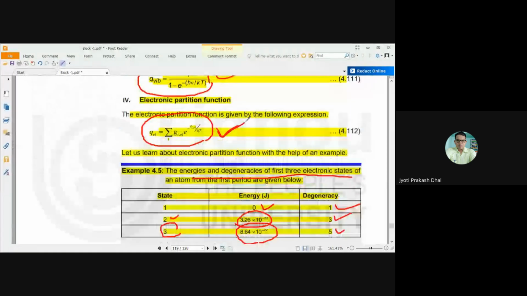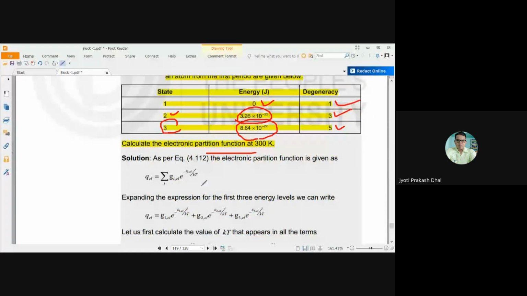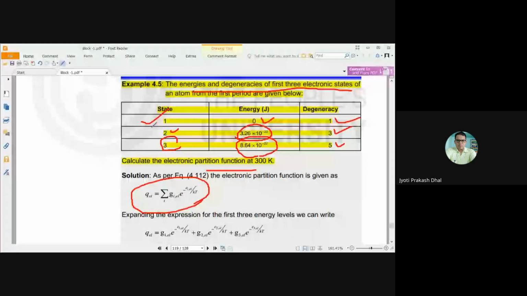So this is the direct value of the electronic partition function. No need to derive this one; we are just putting in the expression q electronics equal to summation of gi electronics into e to the power minus epsilon i electronics by kT. For the second state, the gi value is 3. For the third state, the gi value is 5.